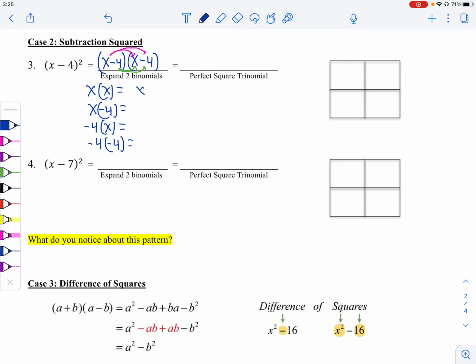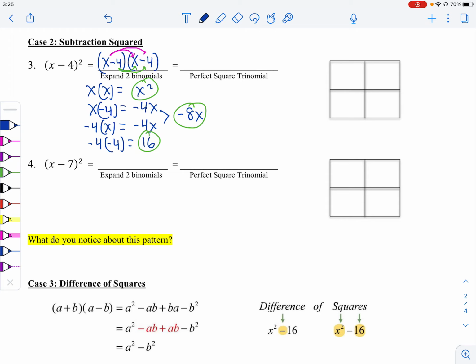So x times x, x squared, x times negative 4, negative 4x, negative 4x, negative 4 times negative 4, positive 16. Middle terms still combine. Negative 4 and negative 4 add together, get negative 8x. We have x squared, negative 8x, positive 16.